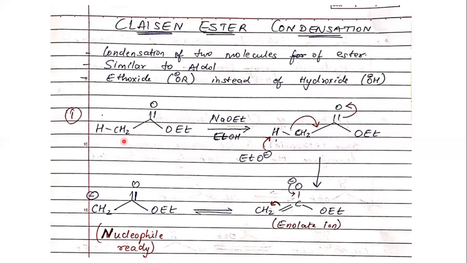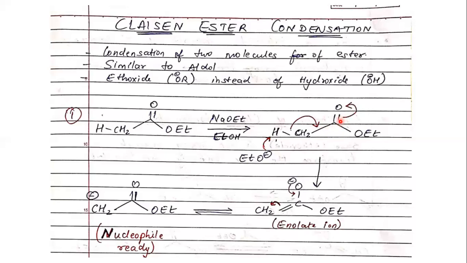So the first step is nothing but generation of a nucleophile, meaning nothing but an enolate ion. Here is my alpha hydrogen that is going to react with sodium ethoxide in the presence of ethanol as the solvent. Your ethoxide, being a base, is going to abstract that proton, the alpha hydrogen, and those electrons are going to shift to the carbon-carbon bond.